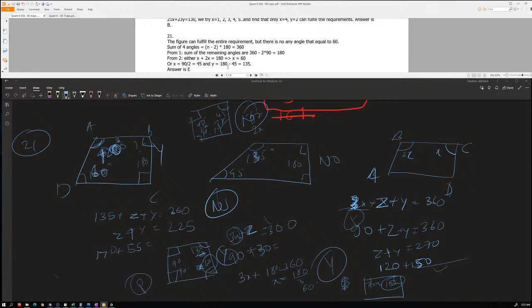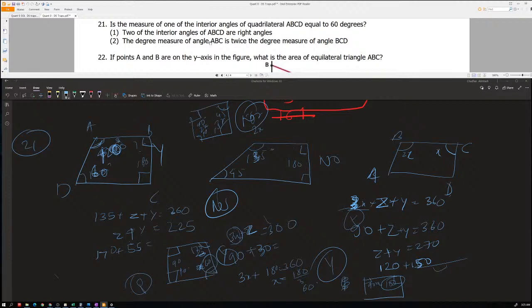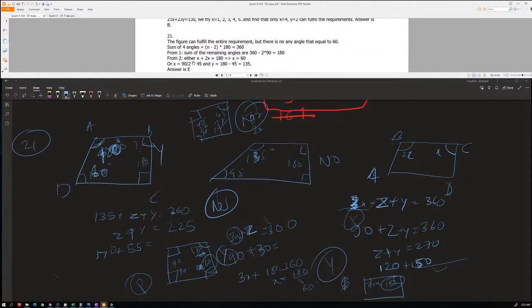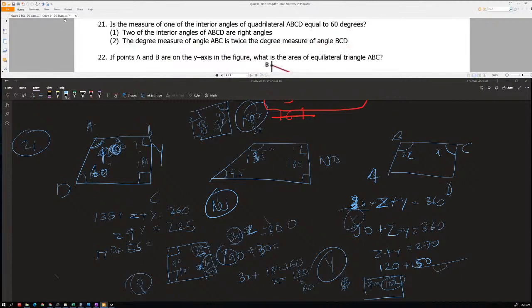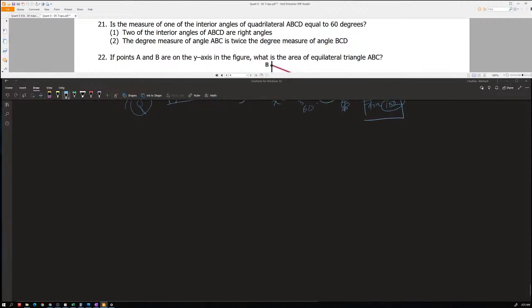And y is equal to 180 minus, since the measure is twice the angle, they divided by 2, is equal to 45. So this is not sufficient, but they didn't combine and check basically. That's what I was searching for. So basically combination is also not helping.